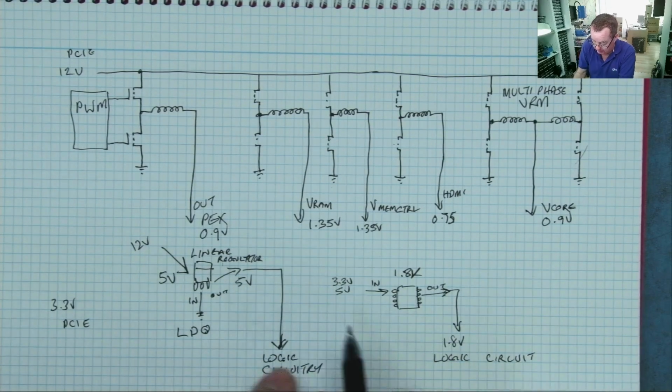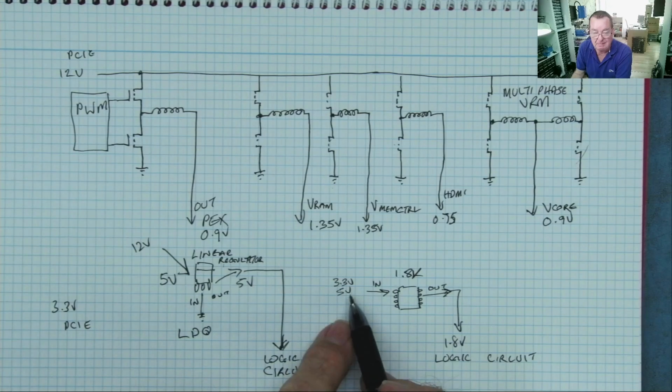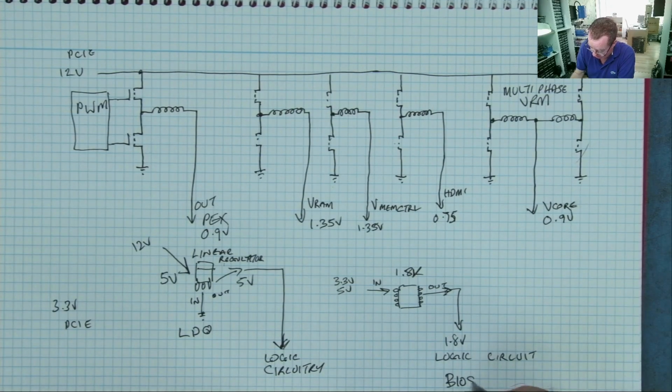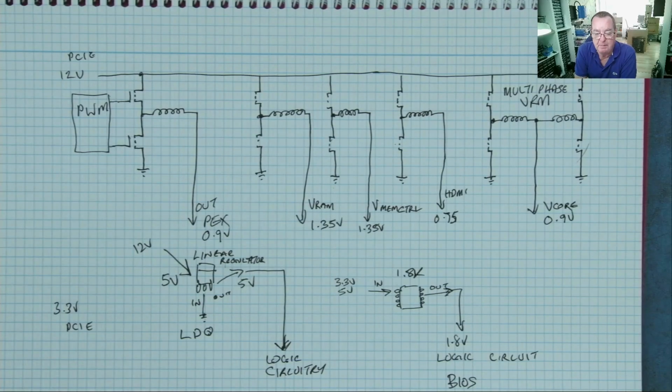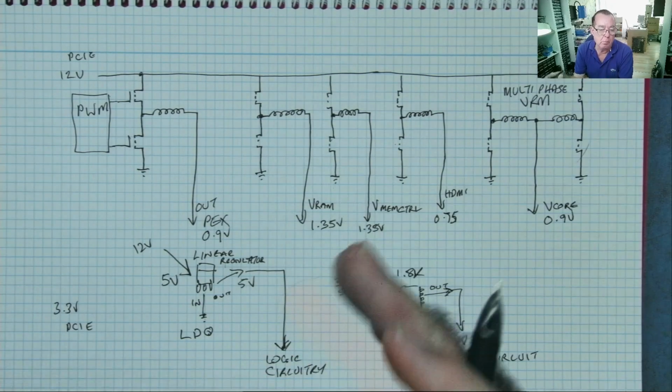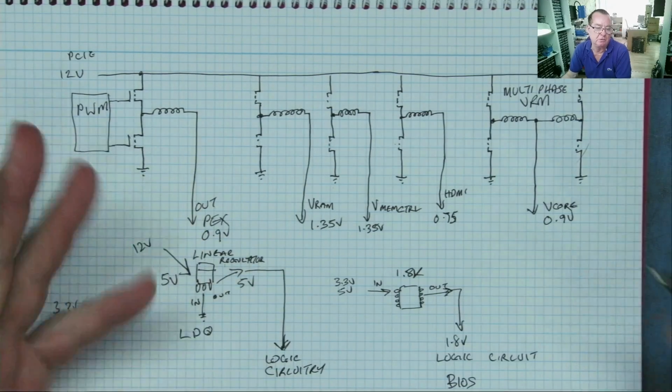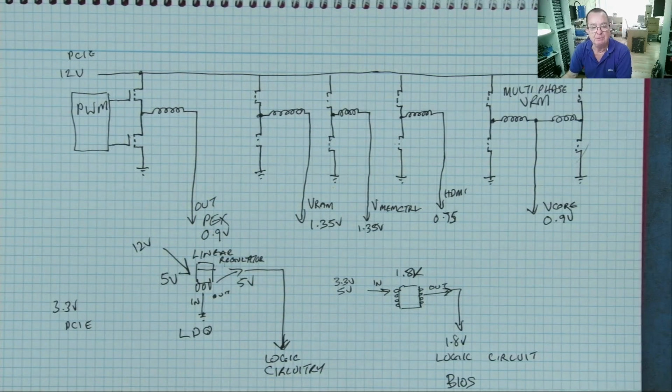The BIOS chip could be running directly from the 3.3, it could be running from here. Again, depending on what type of BIOS chip. More modern graphics cards will have 1.8 BIOS chips, older ones will have 3.3. And if you find a really old one, it'll probably be 5. So those are the voltage rails we have.